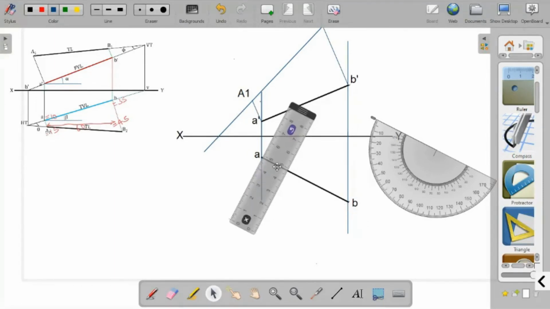So here the distance should be the distance of A dash from XY. A dash from XY is 10 millimeter. So here we are marking only 10 millimeter.